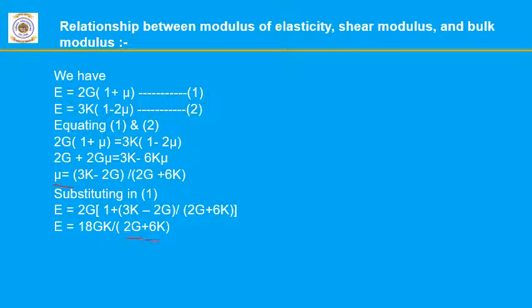From 2G plus 6K we can take 2 common, so 2 nines are 18. The final equation becomes 9GK divided by G plus 3K. This is the relation between Young's modulus, modulus of rigidity, and bulk modulus.